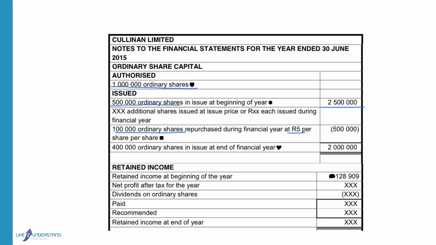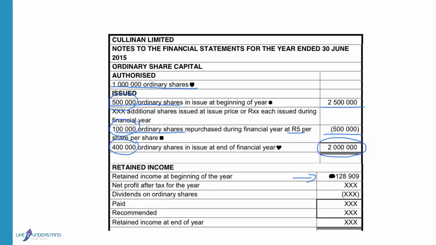So the capital will reduce with 500,000, and now at the end of the year, the ordinary share capital is 2 million. Originally you had 500,000 shares, you repurchased 100,000, so it means the number of shares in issue in the company is 400,000. In the retained income account, the opening balance was given to us.